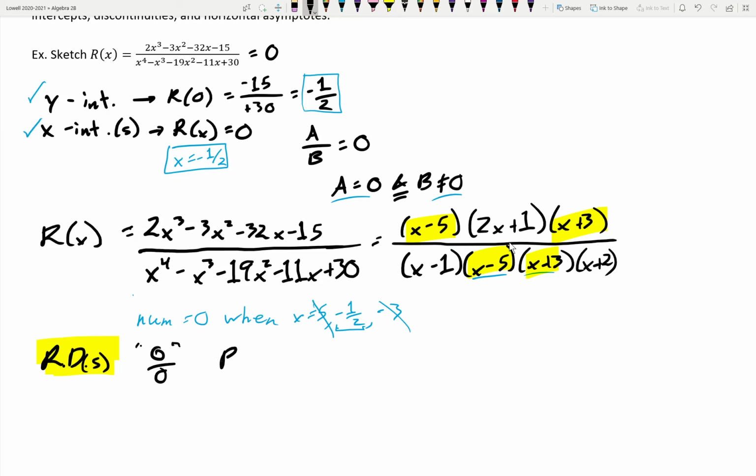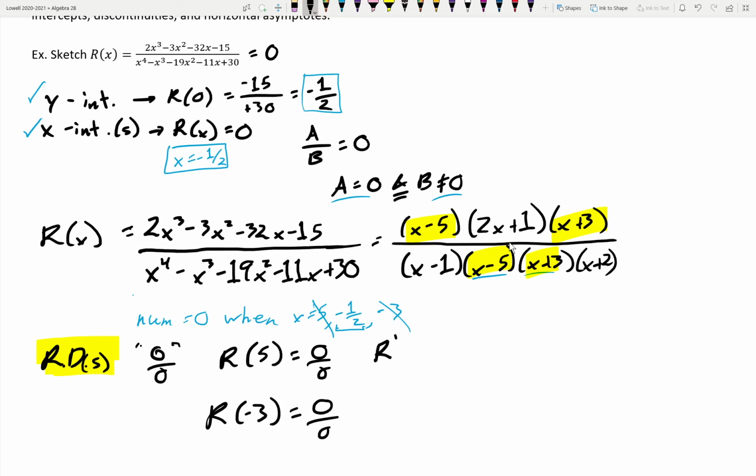So let's say that. When I plug in r of 5, I'll get 0 over 0. When I plug in r of negative 3, we will also get 0 over 0. Now the question is, what is the actual y value of that? Well, now we can simplify this function a little bit, and I can call it r prime.